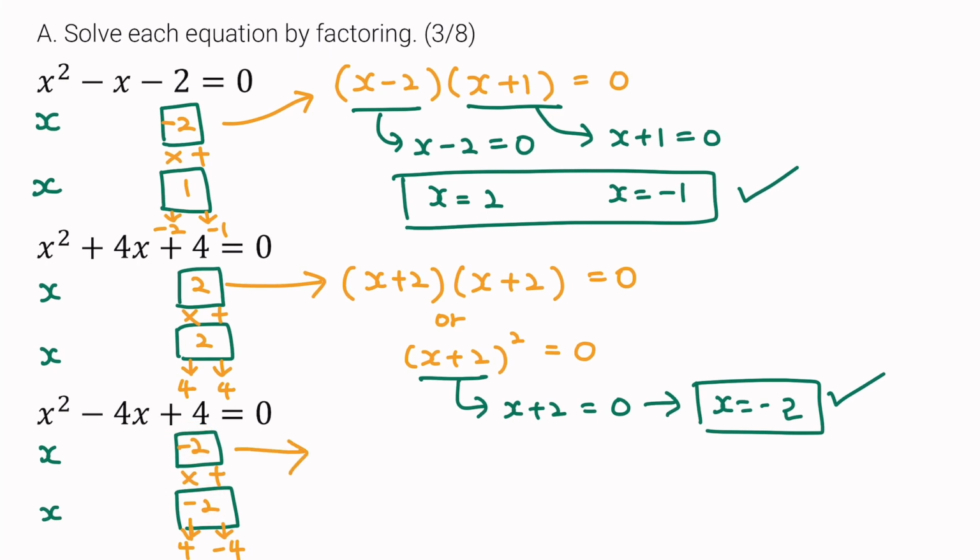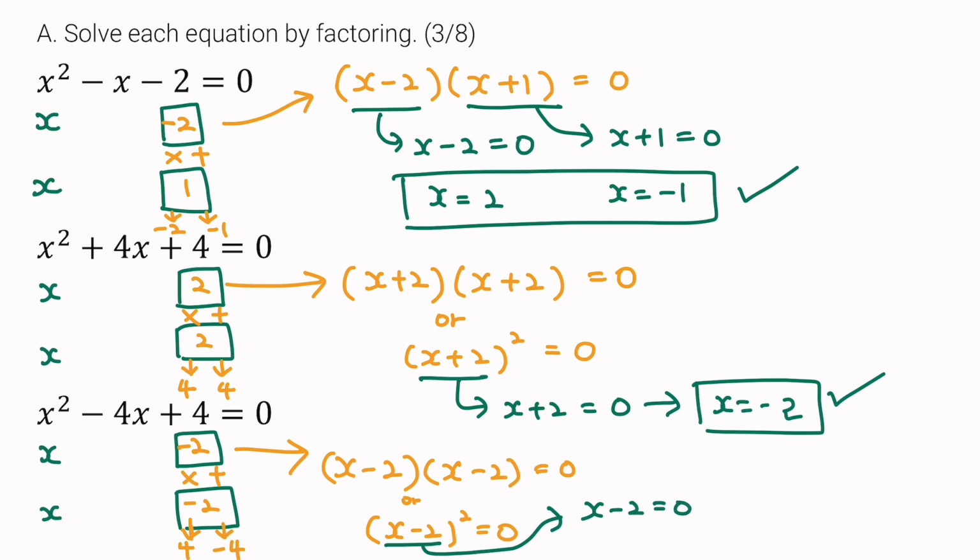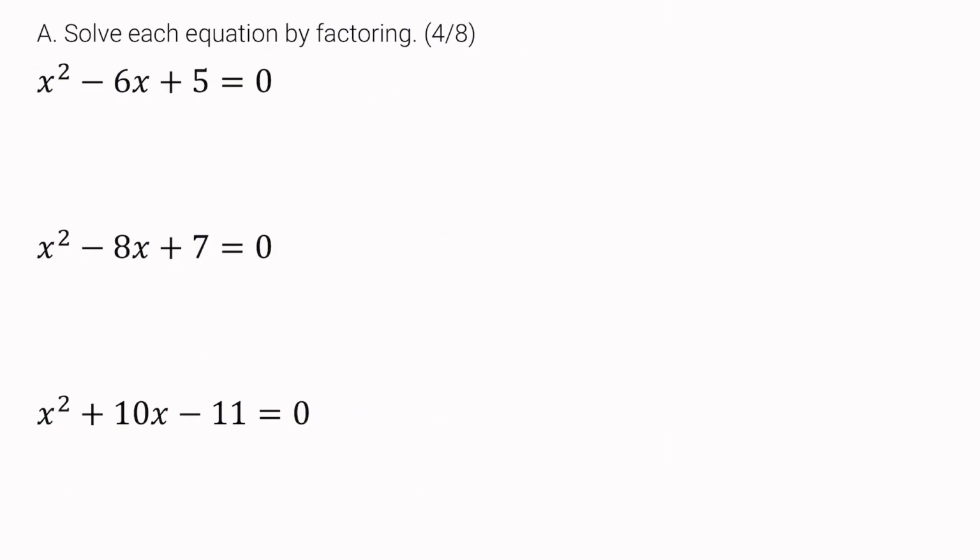So my binomials will be x minus 2 times x minus 2 is equal to 0, or x minus 2 squared is equal to 0, which means our x minus 2 should equal to 0, meaning our x should equal to 2.